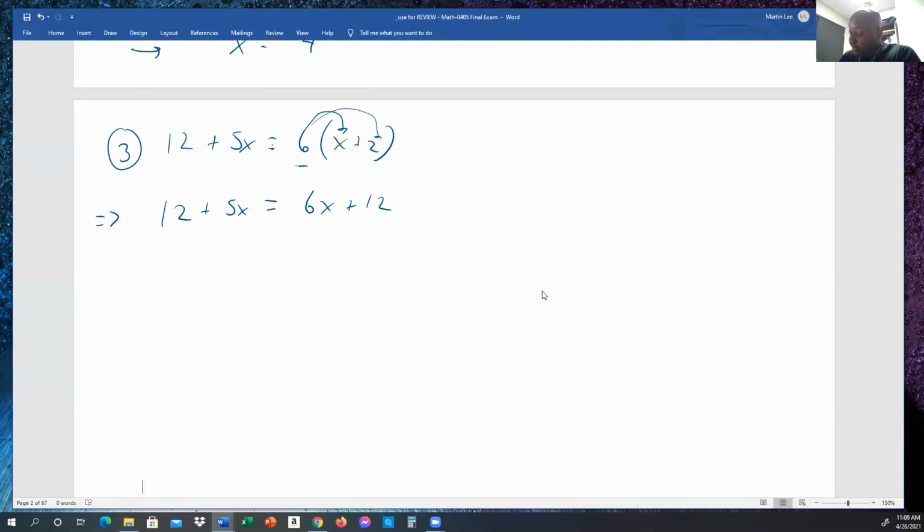We need to get everything with x on one side, everything that does not have x on the other side. So I'm going to subtract 5x from both sides. This gives me 12 is equal to x plus 12. Now to get x by itself, let's subtract 12 from both sides, and we wound up with x is equal to 0.